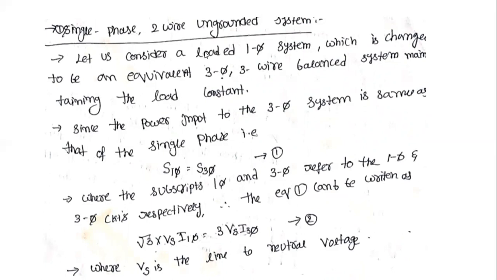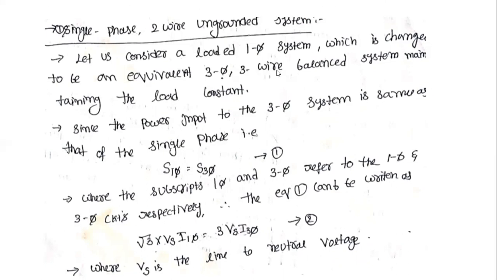Let us consider a loaded single phase system changed to an equivalent three phase, three wire balanced system, maintaining the load constant. Therefore the power input to the single phase system is the same as that of the three phase system.